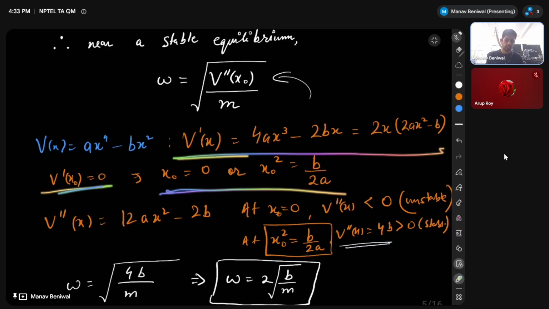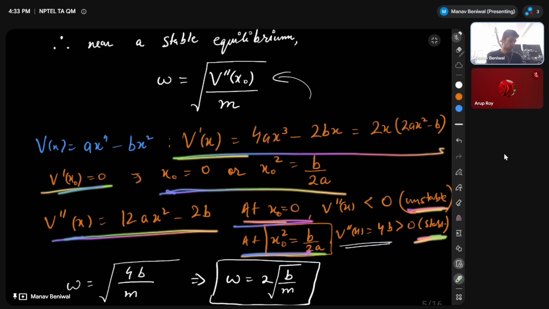Then we find the second derivative, and at those equilibrium points we check whether they are stable or unstable equilibrium.